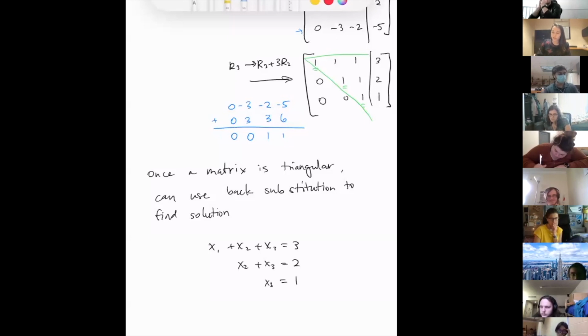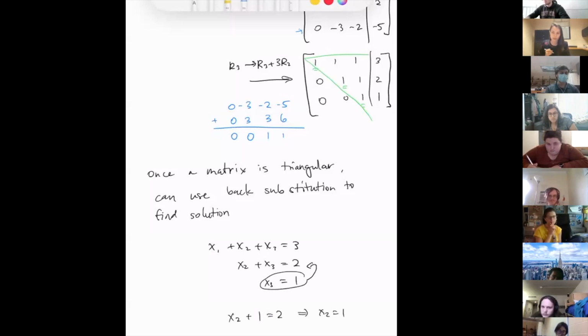So we already know what x3 is going to be. Then we can substitute that into the previous equation to figure out what x2 is going to be.